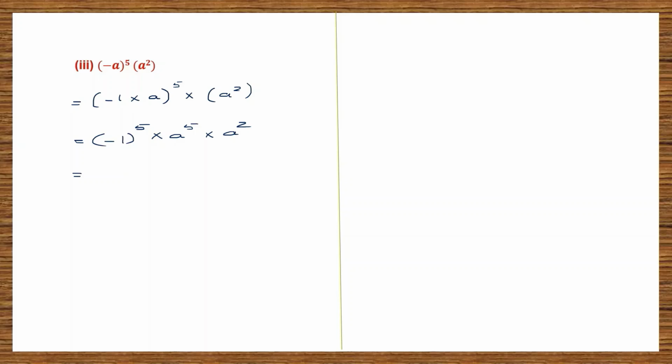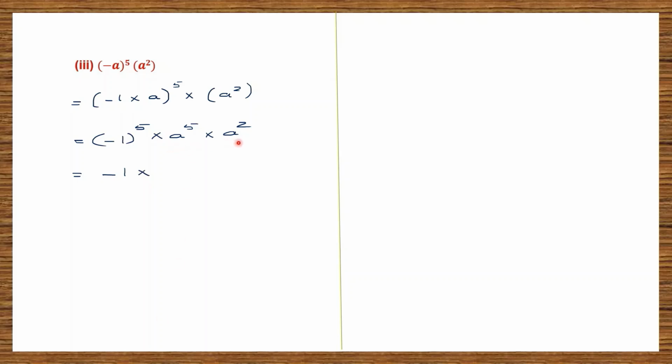So here minus 1 raised to the power of 5. We know that any negative number that is raised to a power which is an odd number, 5 is an odd number, so the answer will be negative. So minus 1 raised to the power of 5 will be minus 1. So this will be minus 1 and this is a to the power of 5 into a to the power of 2.